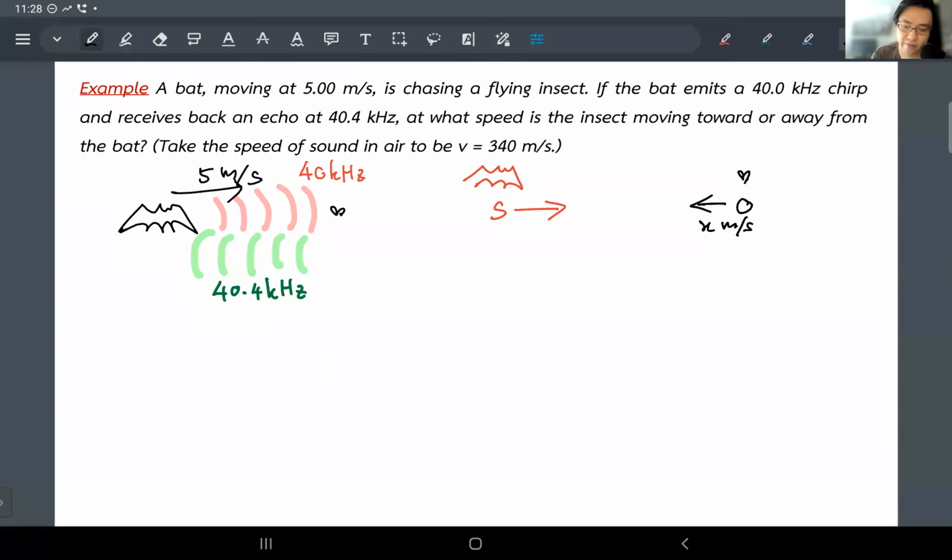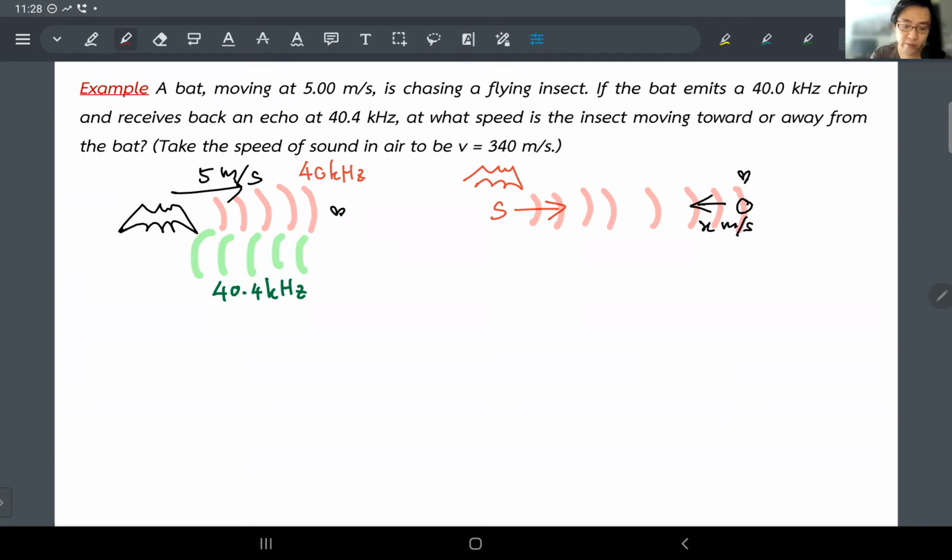In the first half, the sound coming out from the bat travels and reaches the insect. The insect will receive some frequency, which is going to be different from 40 kilohertz for sure, because the bat is moving and the insect is also flying. Once that is done, you get a reflection.